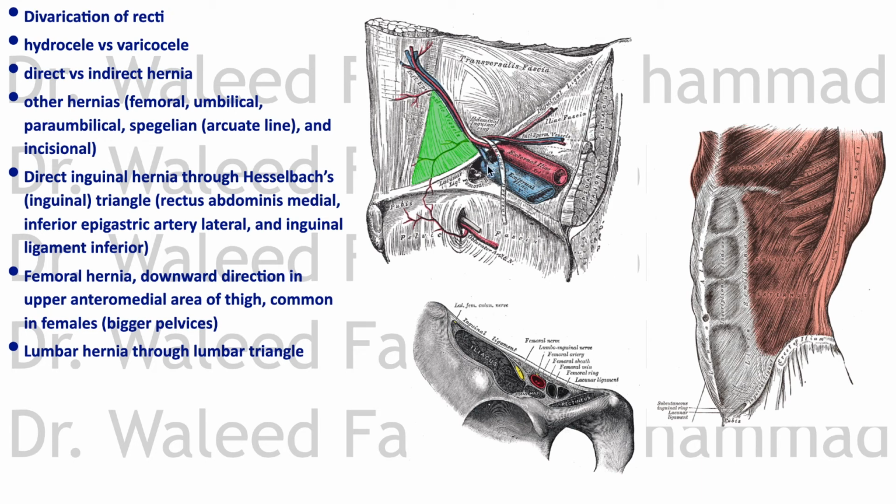If the inferior epigastric vessels were lateral to the hernia, it's a direct hernia. If the inferior epigastric vessels were medial to the hernia, it's an indirect hernia that went through the ring, through the canal, and out of the superficial inguinal ring. This is the indirect hernia.